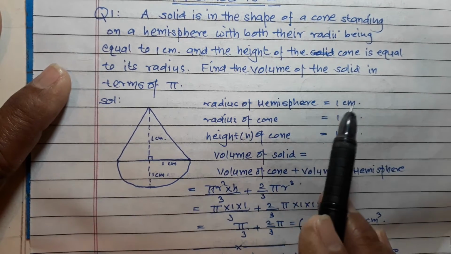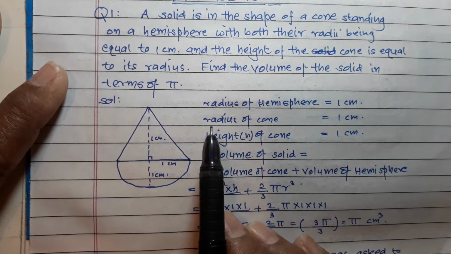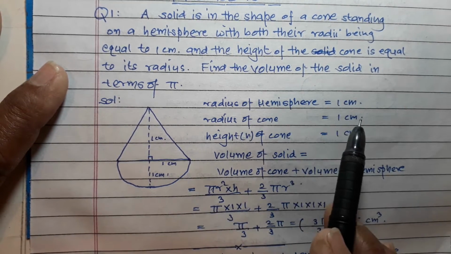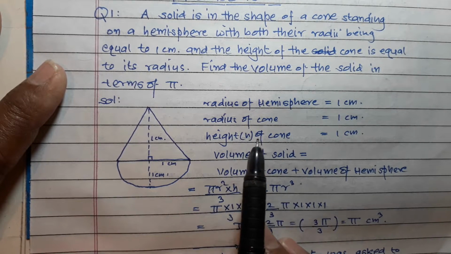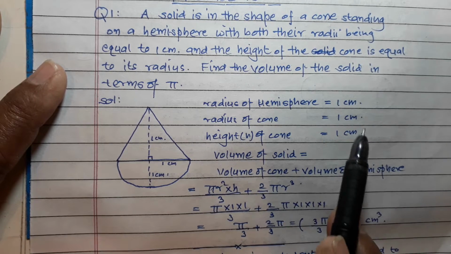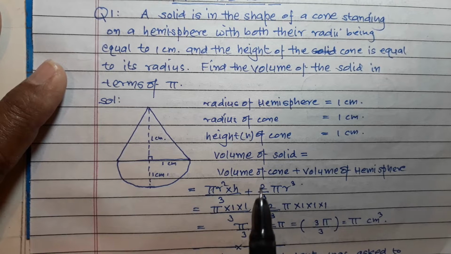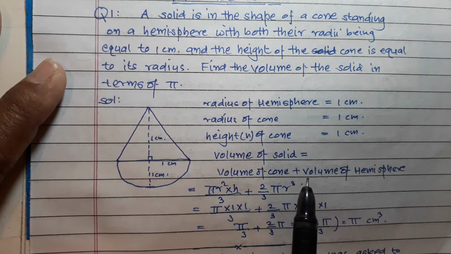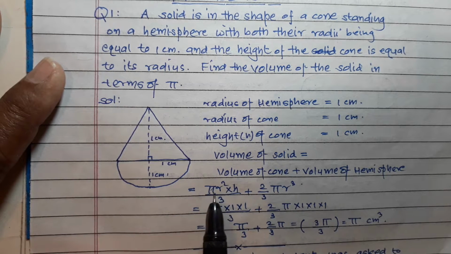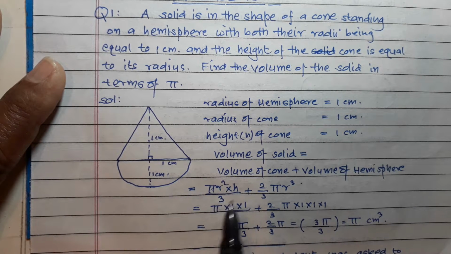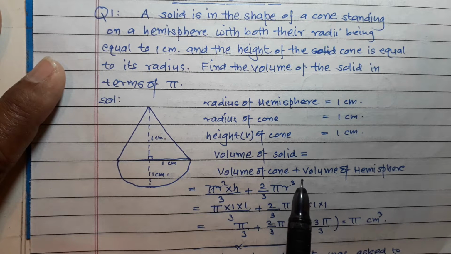The radius of the hemisphere is equal to 1 centimeter and the radius of the cone is also equal to 1 centimeter. The height h of the cone is equal to 1 centimeter. The volume of the solid is equal to the volume of the cone plus the volume of the hemisphere, which is pi r square into h upon 3 plus 2 upon 3 pi r cube.